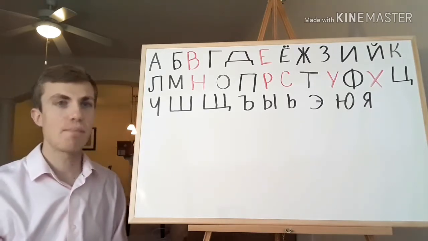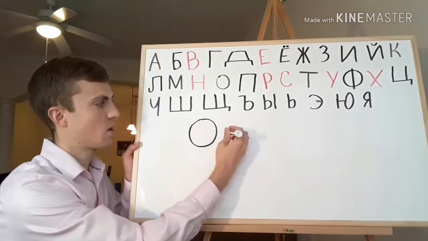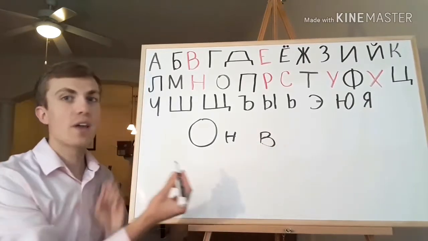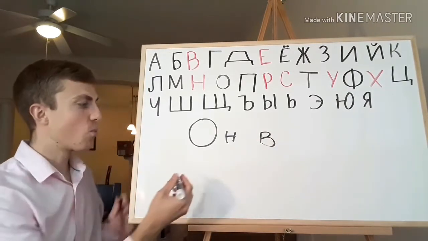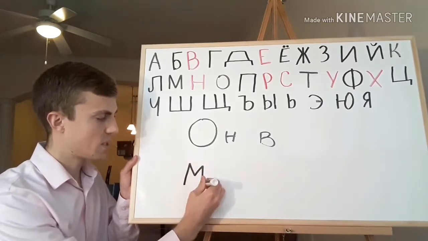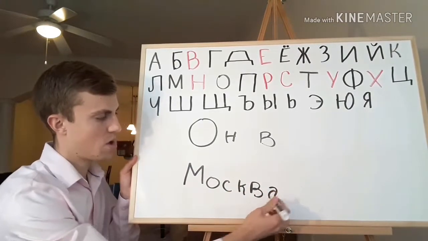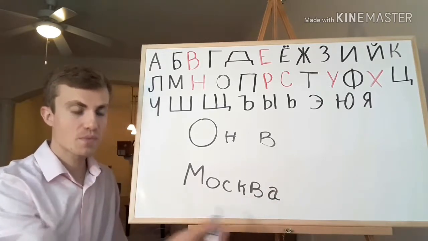We could say, for example, he is in, and then we could say a city. The capital of Russia is Moscow, and in Russian it is pronounced Moskva, and it's written like this. So, Moskva, and the stress is on the last syllable.